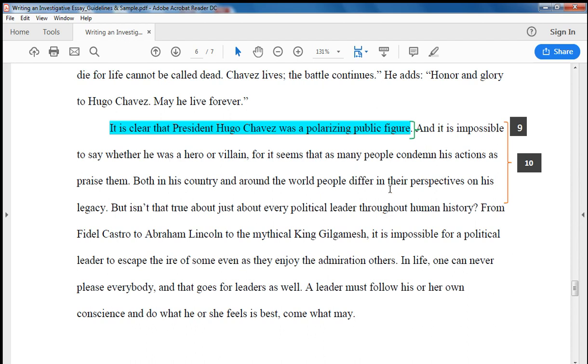So she is sort of synthesizing the information that she presented in the body of her paper and kind of answering the question, was Chavez a hero or a villain? She's answering that question based on the perspectives or the opinions that she reviewed or presented in the body of her essay.